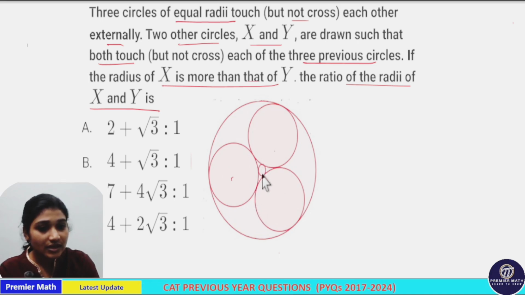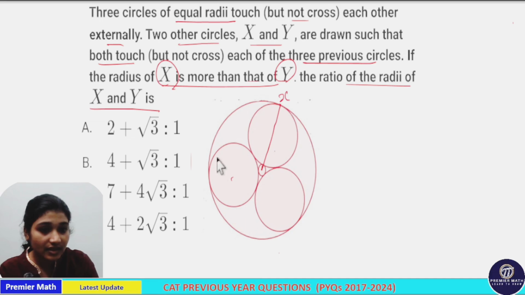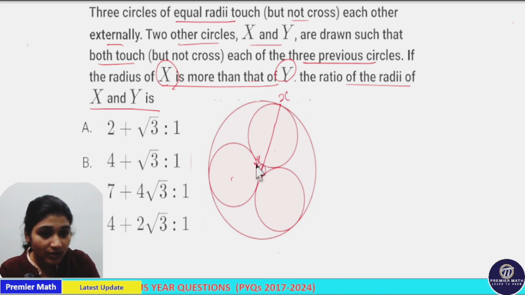If you look, this is x, the radius of the larger circle, because x is more than that of y. From the center to this point is the radius of the larger circle. Consider the radius of the larger circle as x, and this inside circle is the radius of the smaller circle y.